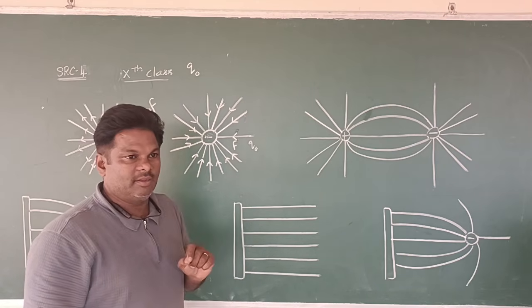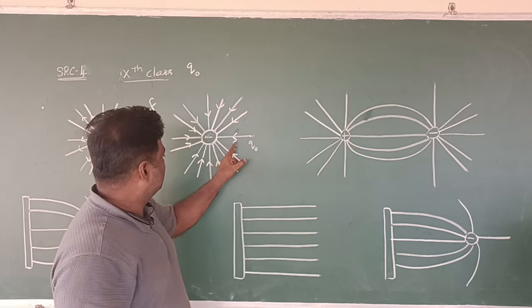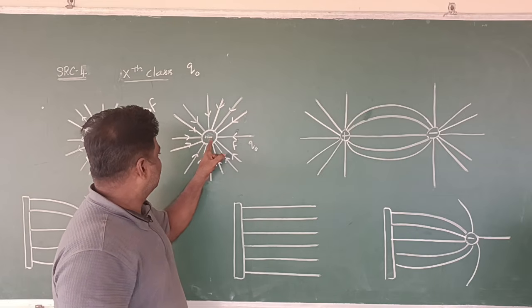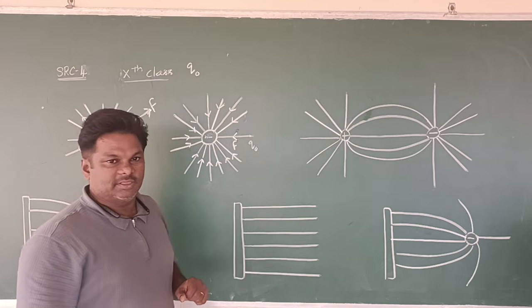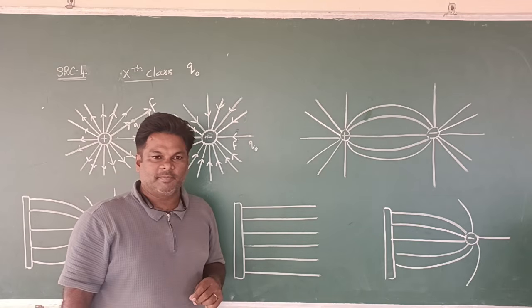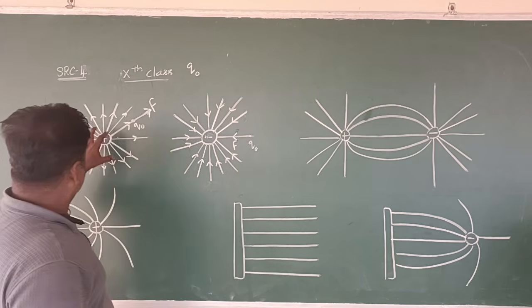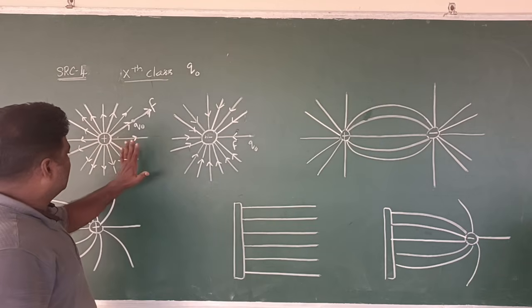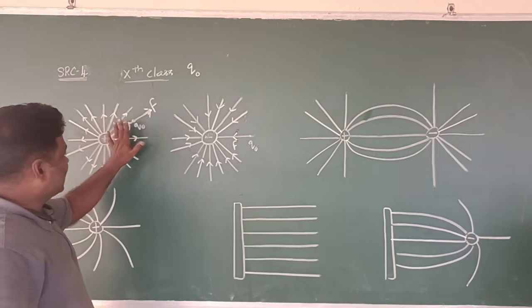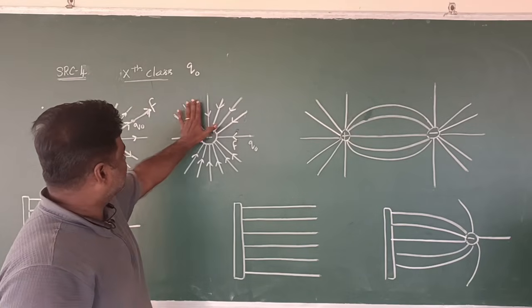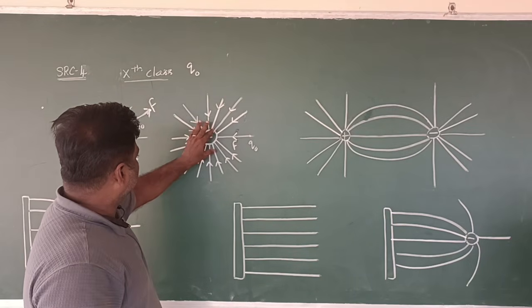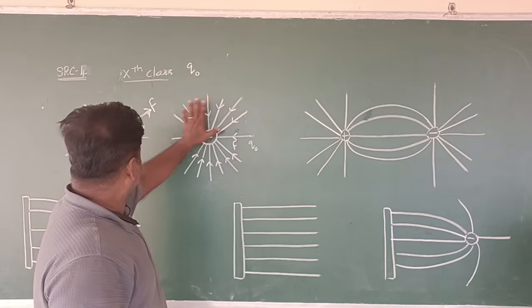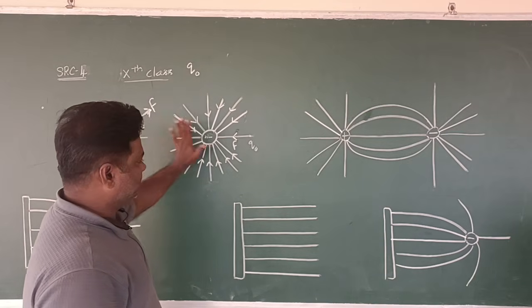That is why the direction of the field is towards the negative charge. So here you came to know how the field is moving away from the positive charge, and how it is directed towards the negative charge. Why is it so? You came to know with a practical example.